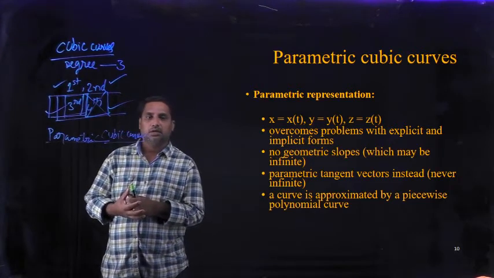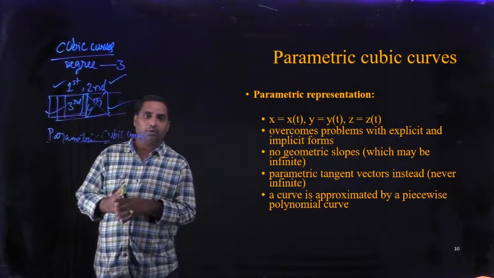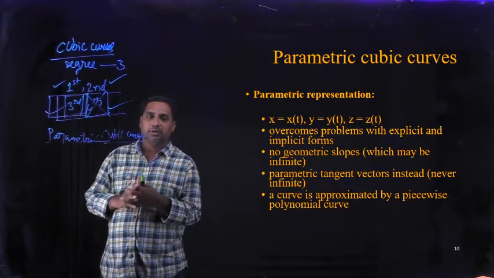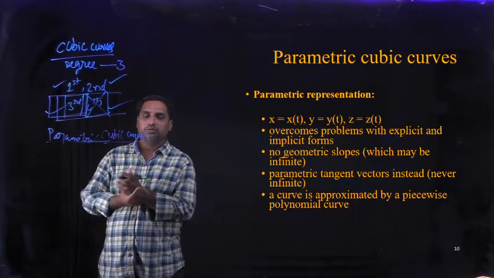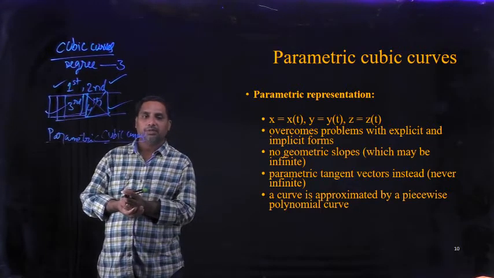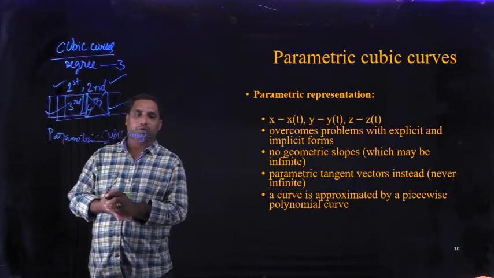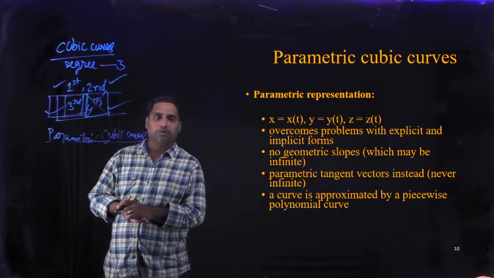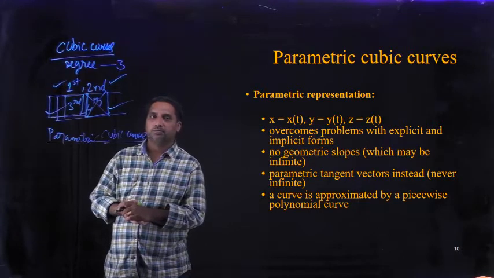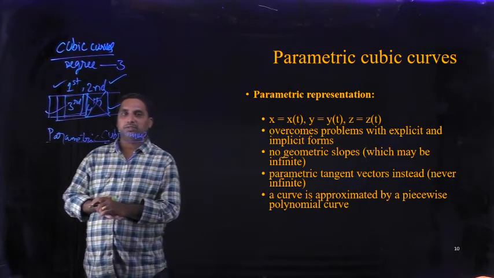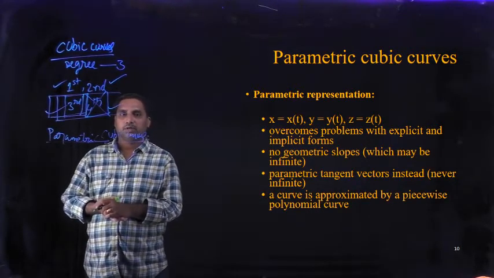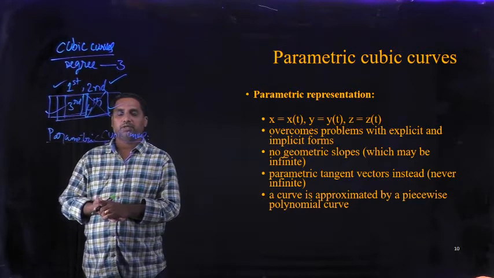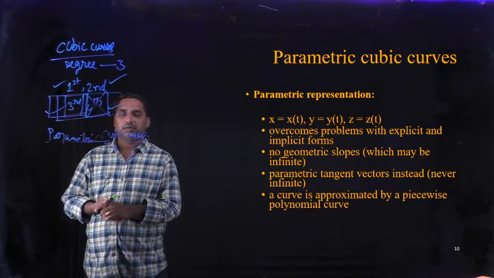Next, another reason is that parametric representation overcomes the problems with explicit and implicit forms. Both explicit and implicit forms are nothing but analytical representation.